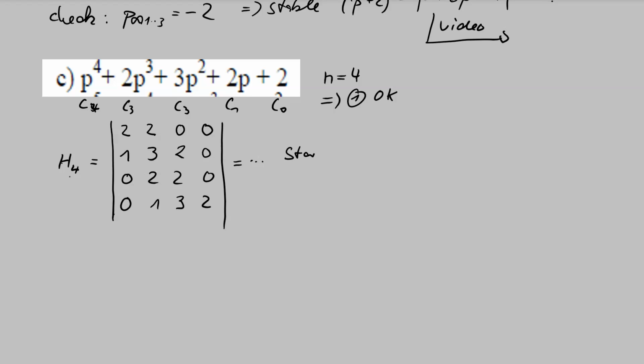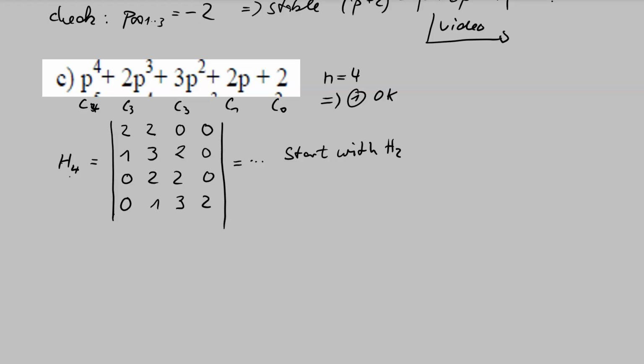A good hint, start with H2. Why? Because if H2 is violating the condition of Hurwitz, we can stop, and then there is no need to calculate H3 or H4. So, of course, we start with the simple conditions, and then, if this is true, go to the next one, which may be a little bit more complicated or time-consuming.